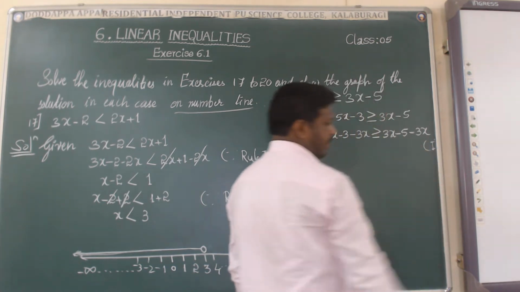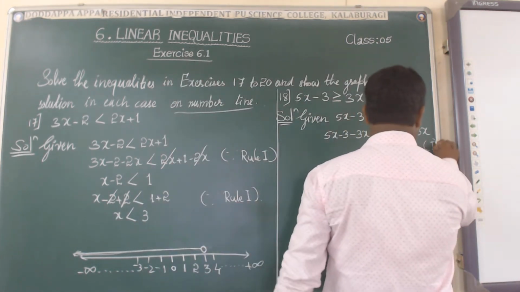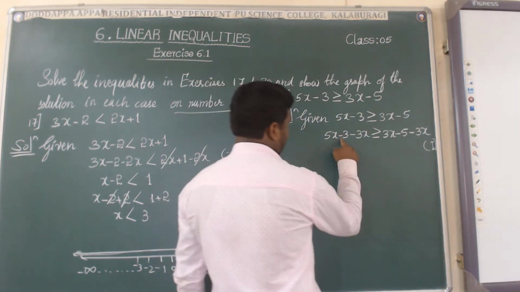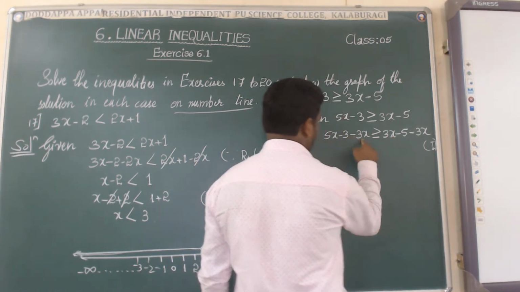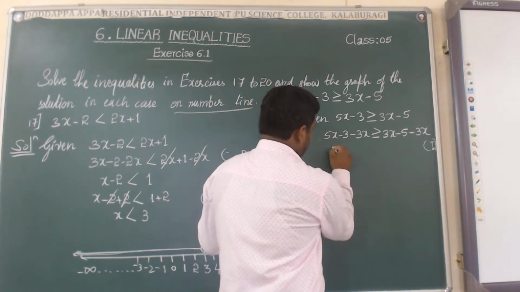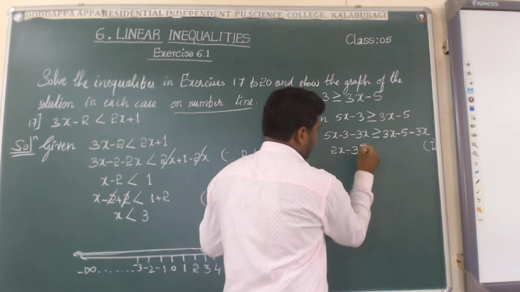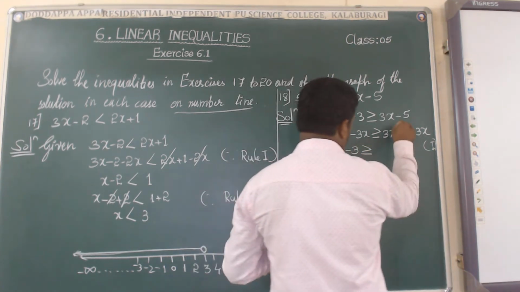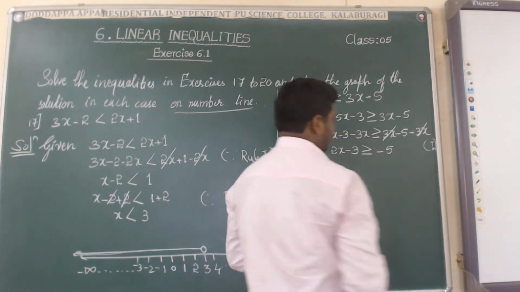Now come to simplify this side. 5x minus 3x becomes 2x left here, and minus 3 as usual, and the symbol you write as usual, greater than or equal to, and 3x minus 3x becomes 0, here left minus 5.